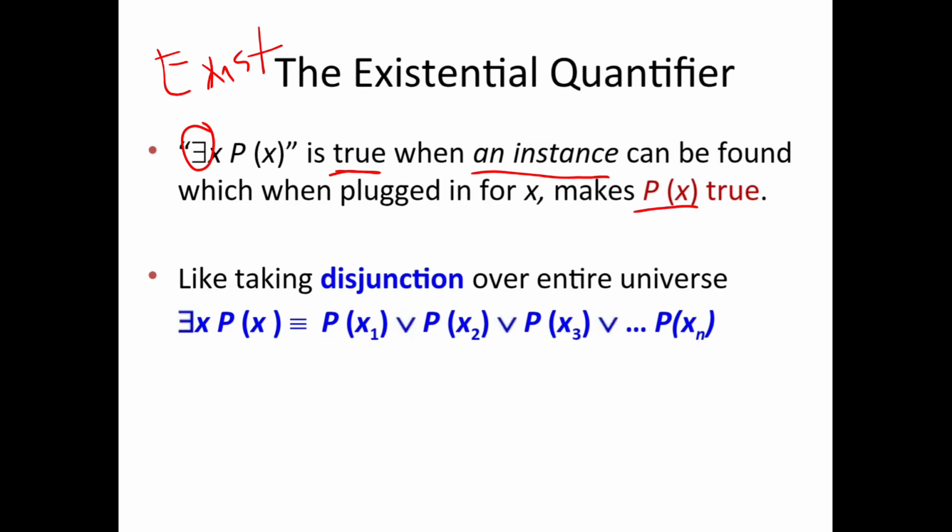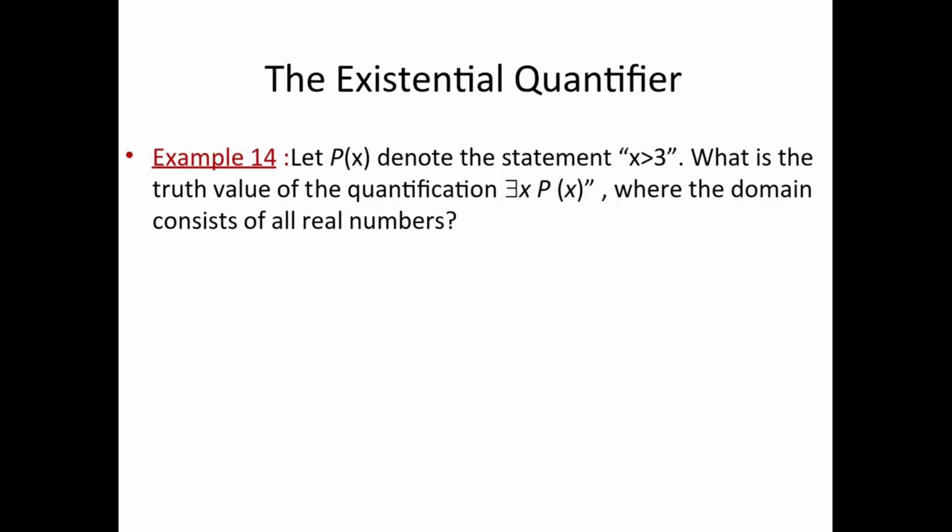Like taking this disjunction, ang ginatawag nato na OR, over the entire universe. So, as long as there would be one nga makasatisfy for it to be true, so pwede siya mahimo nga true.